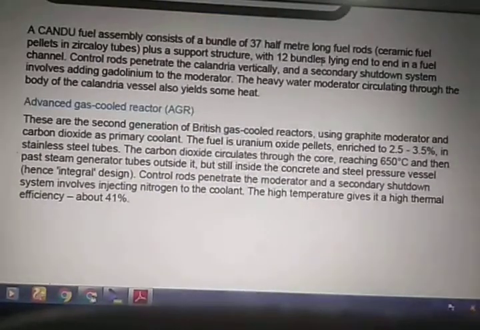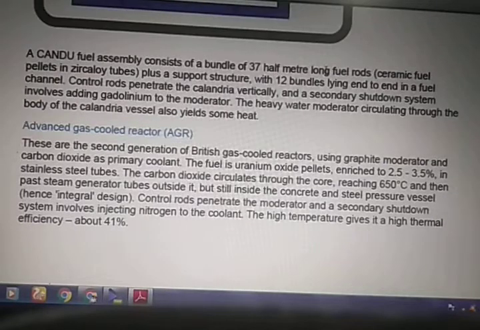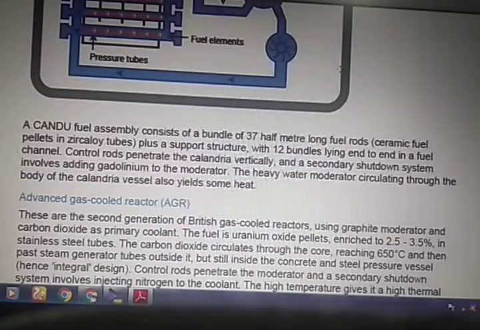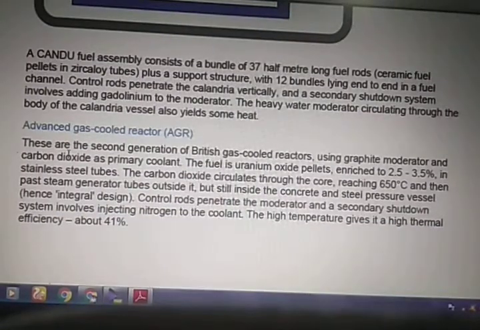Another is the advanced gas cooled reactor. In all the reactors above, water is used as the coolant, because we know that water has a high specific heat capacity. But in the advanced gas cooled reactor, gas is used as a coolant, and in this carbon dioxide is used as the primary coolant.